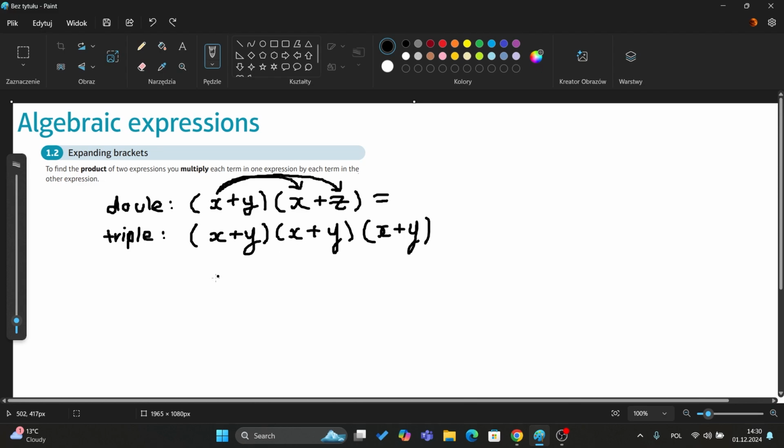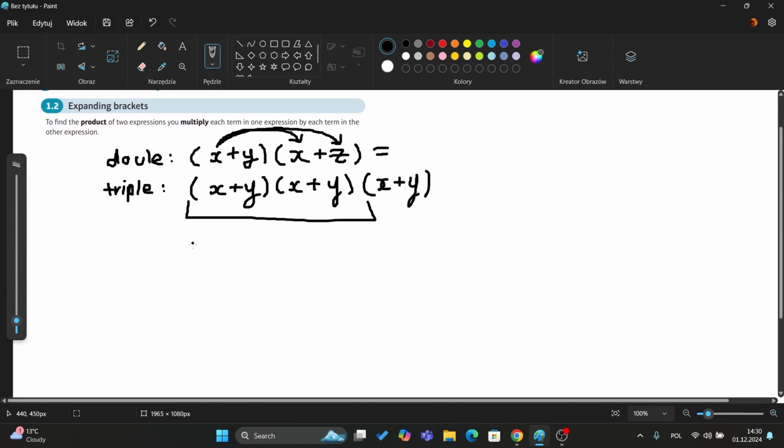So here we're going to deal with this bracket first, because I always deal with the left brackets first from the left hand side.